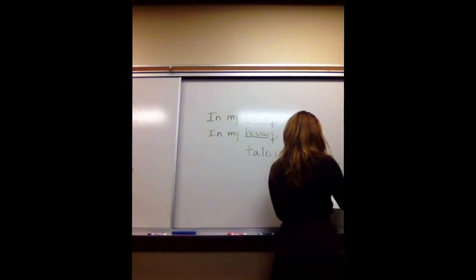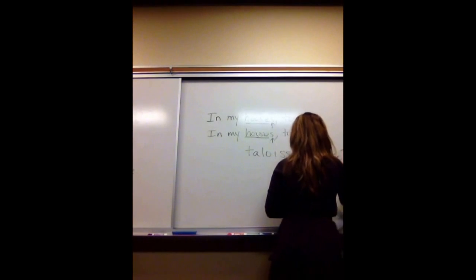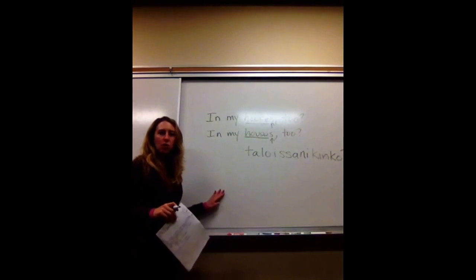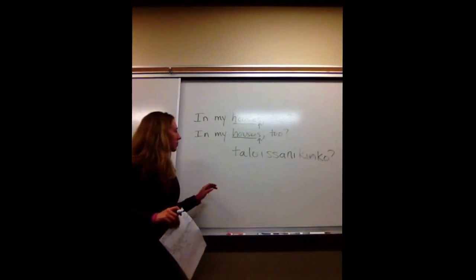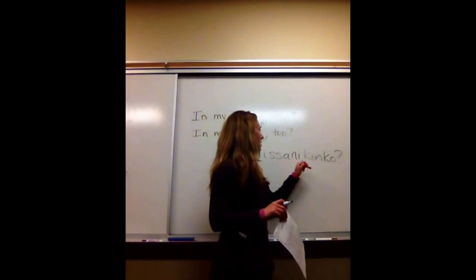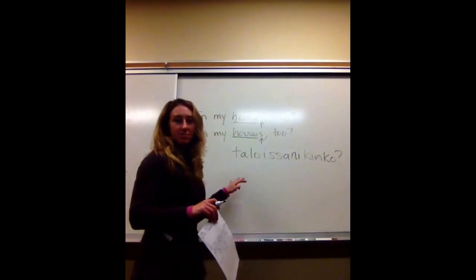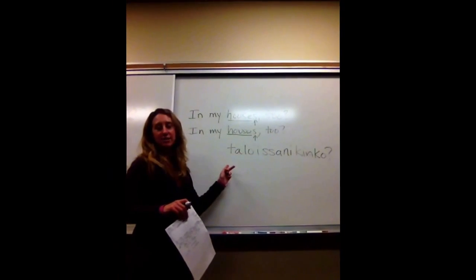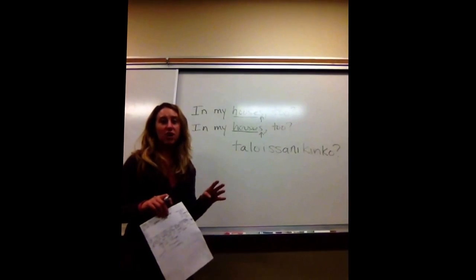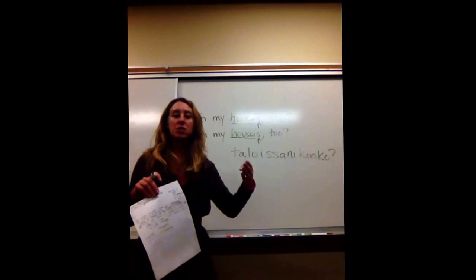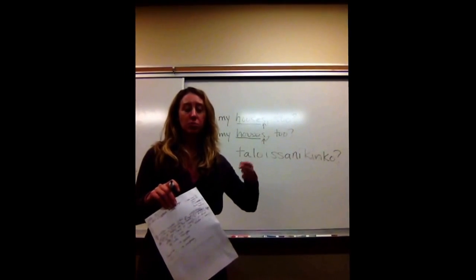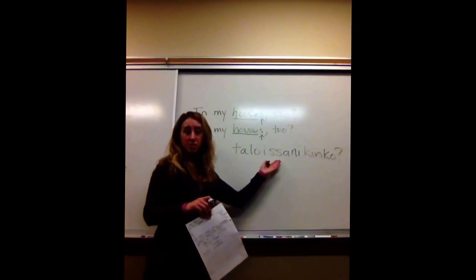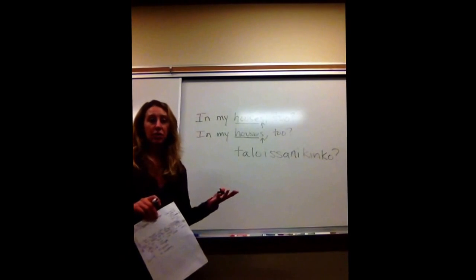And then the question, to make a question, we add ko. Pull this over a little bit. Taloissani kin ko. That's my best shot at pronouncing it. And so this is a great example of extreme morphology, a language being built around just adding on prefixes, or in this case, suffixes, to carry meaning.